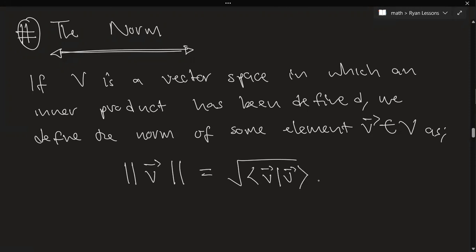like that, you see. So if you have a vector space and there's an inner product already defined within that vector space, for each element in V we can define another object which is called the norm of that element. The norm of that element is just the root of this quantity.